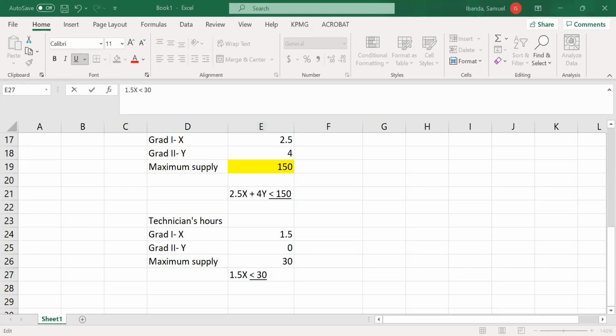So that is what we basically have: 1.5x should be less or equal to 30.